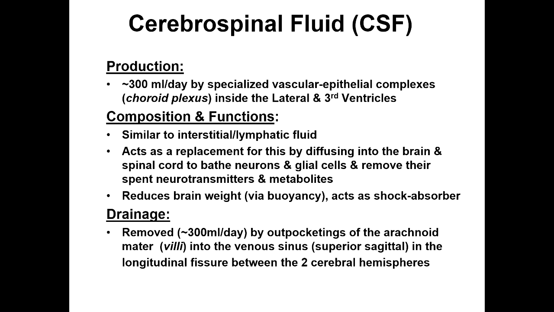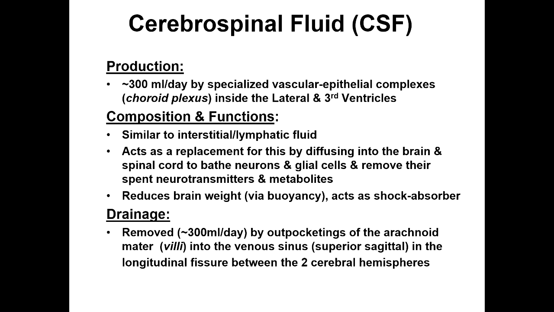Now, the composition of CSF is very similar to the fluid that you find outside of cells in every other part of your body. You may recall that the fluid you find outside of cells is called interstitial fluid and is also similar in composition to lymphatic fluid.